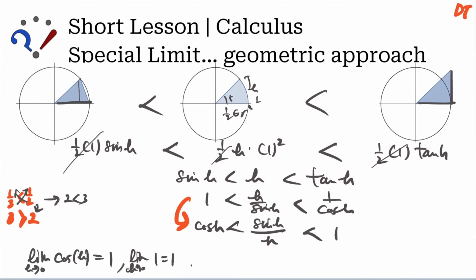This is known as the squeeze theorem, because of two values, one is less than, the other one's greater than, and they're both going to the same value. So sine of h over h is being squeezed into that value. So by the squeeze theorem, the limit of sine of h over h as h goes to 0 has to equal 1.